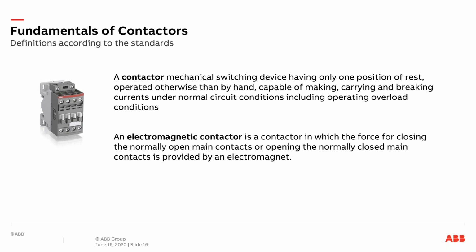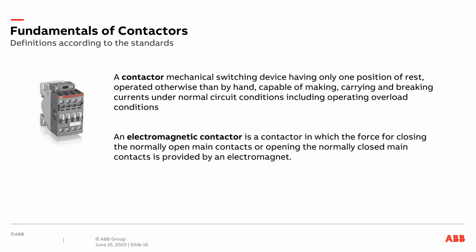Even a switch in our house can be a contactor, because it operates manually, and can carry, break, or make currents. Whereas the contactor you can see on the left is an electromagnetic contactor, and the definition is a contactor in which the force for closing the normally open main contacts or opening the normally closed main contacts is provided by an electromagnet.